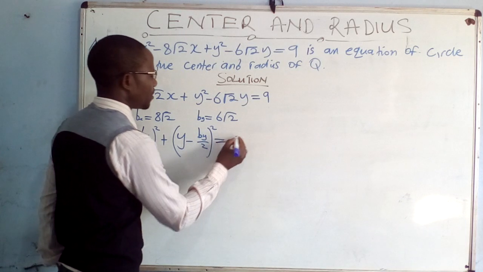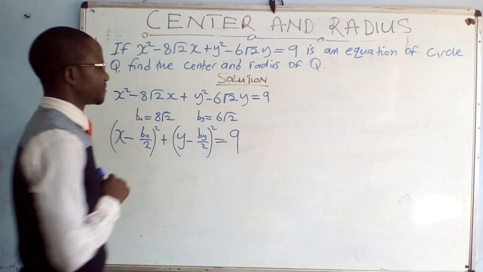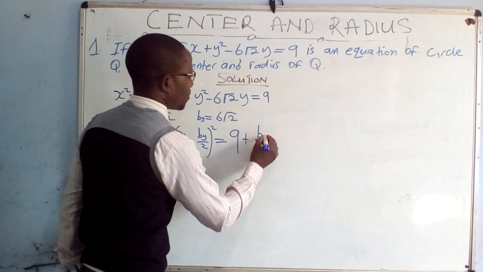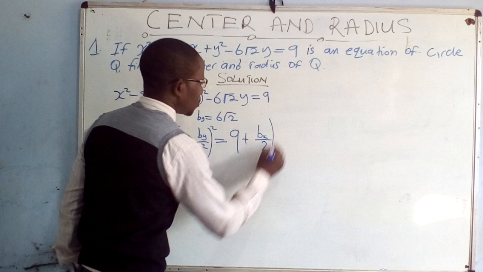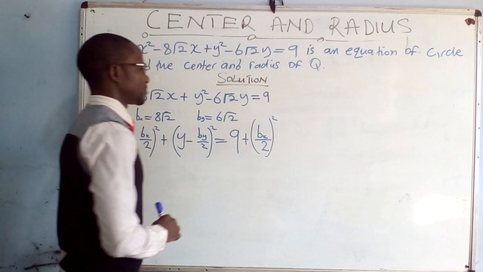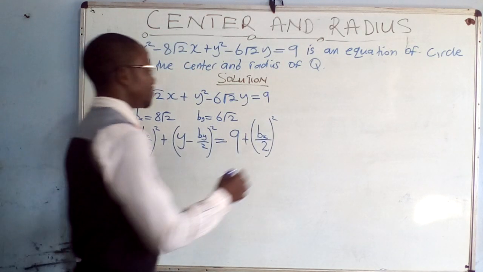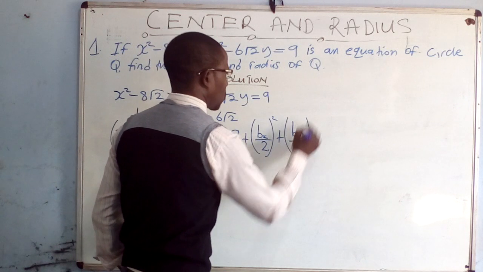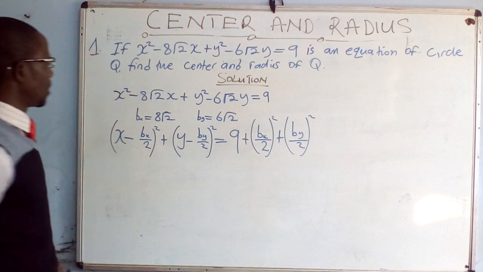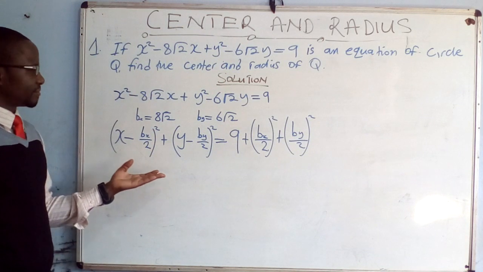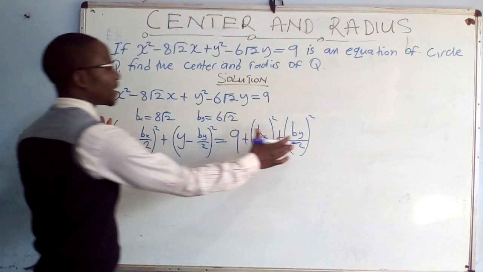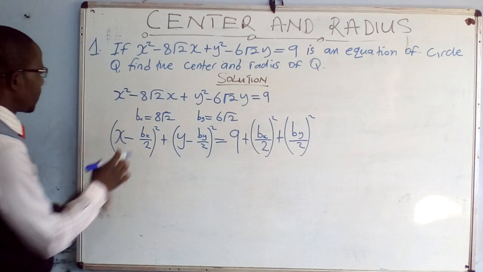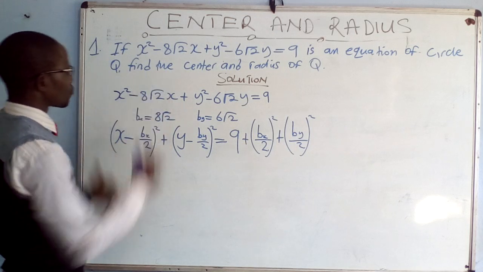This is now going to be equal to this 9, plus b in terms of x over 2 to the power 2, plus b in terms of y over 2, this also to the power 2. We now have to substitute. It's more like we now have a formula for the completing the square method at this point. So b in terms of x is 8 root 2.